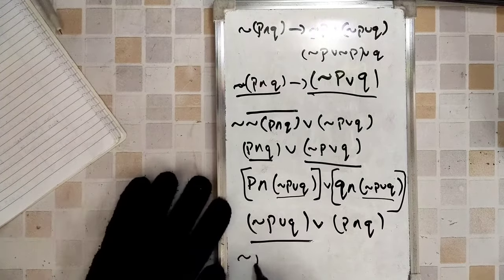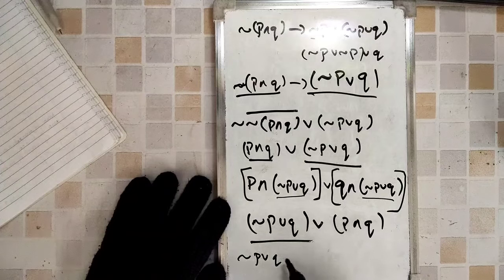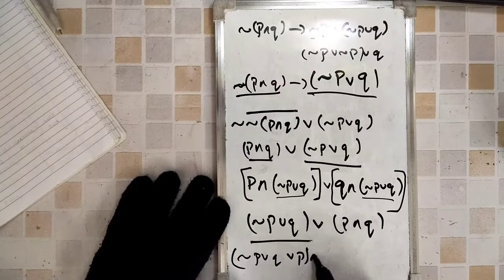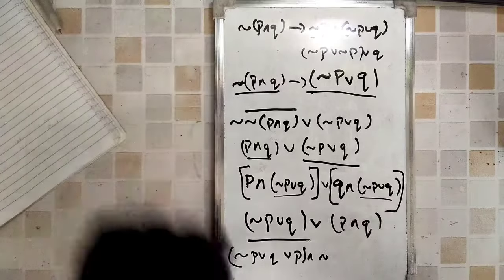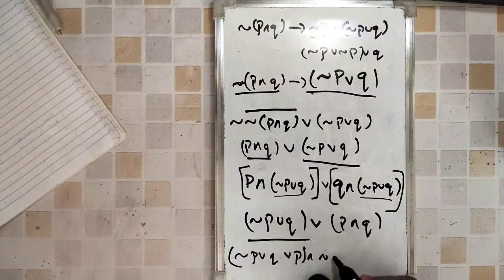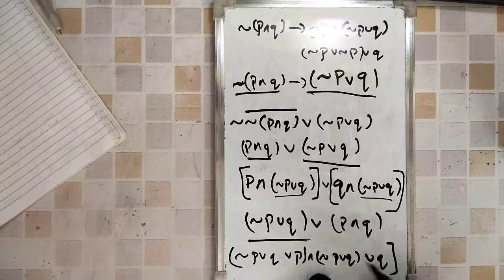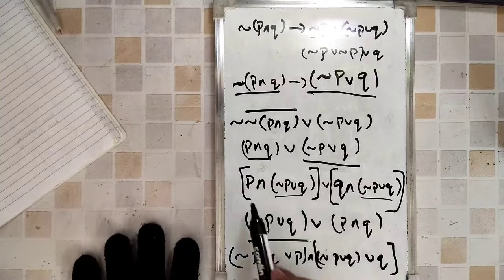So I can write negation P or Q, or P, and negation P or Q, or Q. Same thing is here, right?